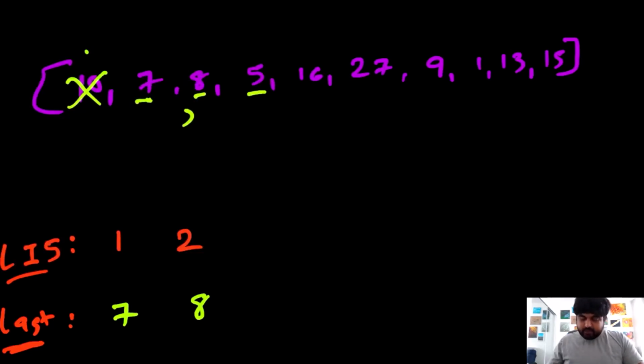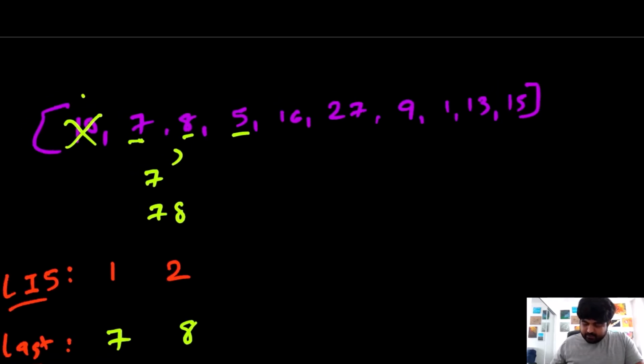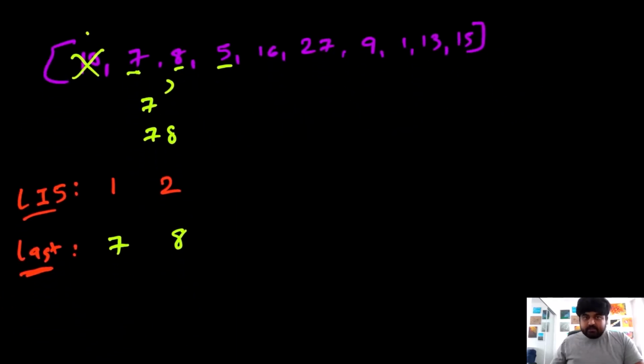Again we go to value 5 now, and the subsequences we have so far are 7, and 7 and 8, and now we have this 5. So we cannot append this 5 over here, we cannot do anything with this.